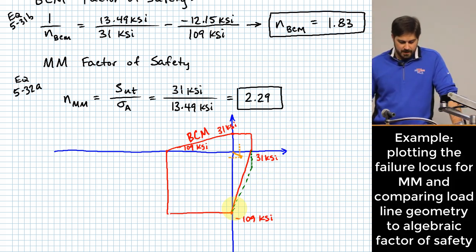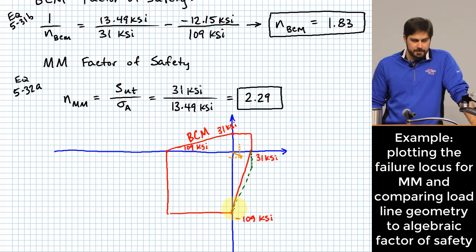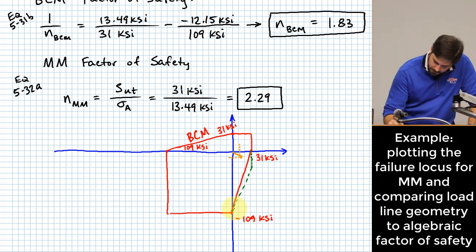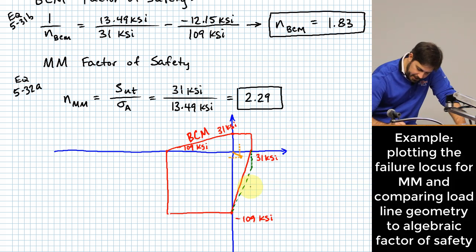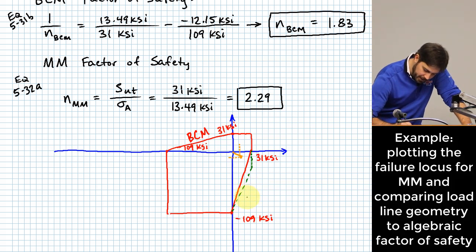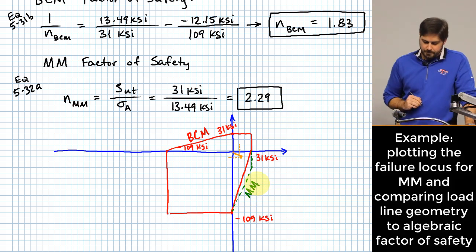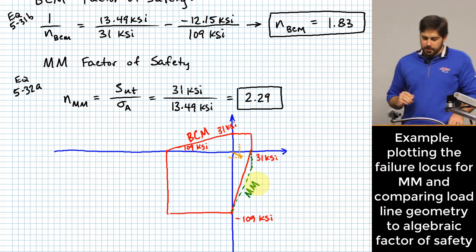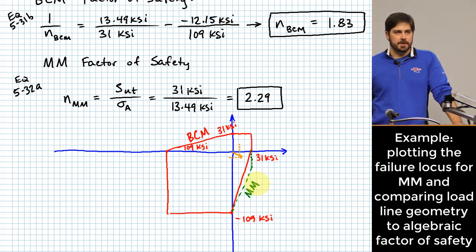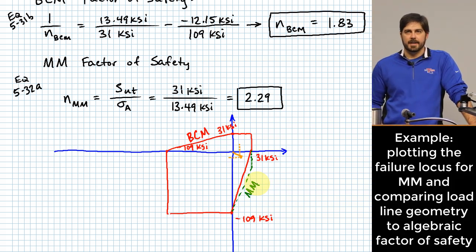You can see that it creates a little bit further distance that you would have to go along that load line in order to get out to the failure locus. So the red is BCM, the dotted line is my Modified Mohr, and they look consistent with the factors of safety that I calculated.